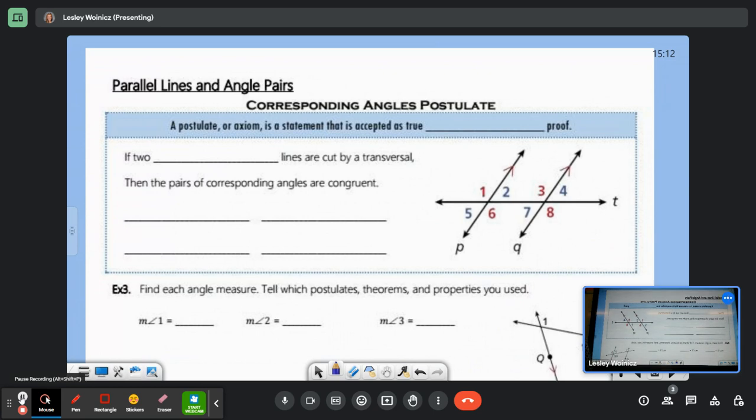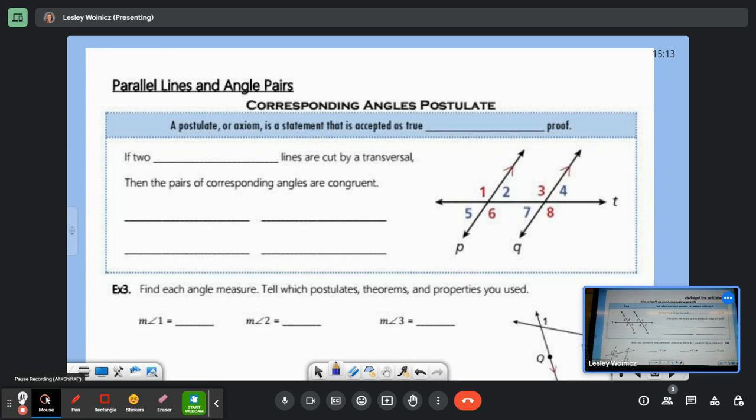When our other lines, the not transversal lines, aren't parallel, all we can really do is name the lines, and it's just knowing the vocab. But when our other two lines are parallel and they're crossed by a transversal, some very special things happen. So this is the important part of what we're doing today.